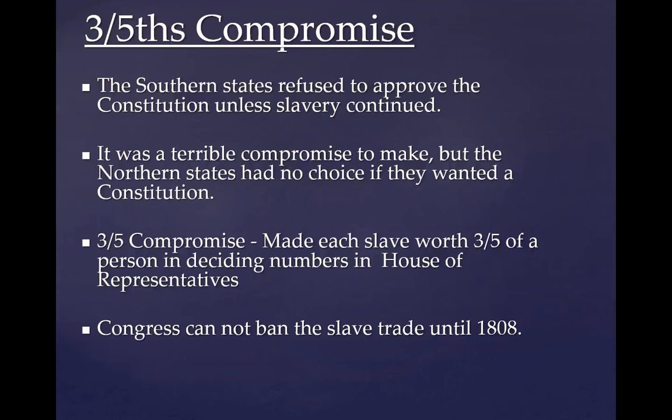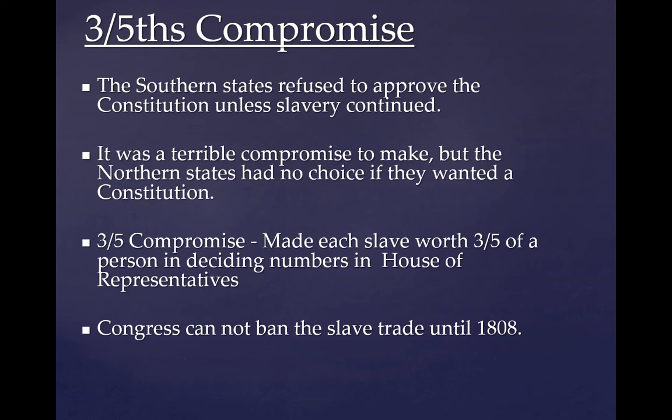Another compromise that had to be made for the creation and ratification of the Constitution is known as the Three-Fifths Compromise. This was necessary because if this stipulation wasn't addressed, the southern states would have simply refused to ratify the Constitution, and they needed the states to agree to the Constitution, otherwise it couldn't really become the law of the land, now could it?